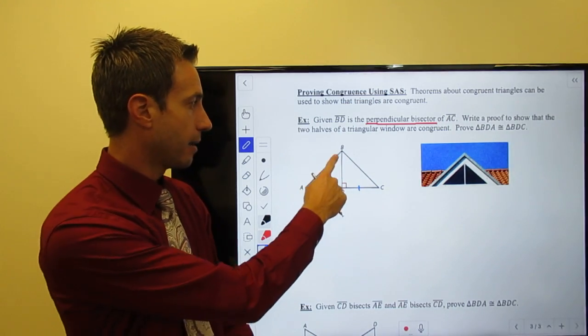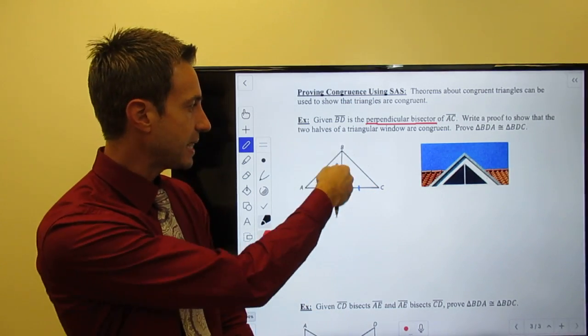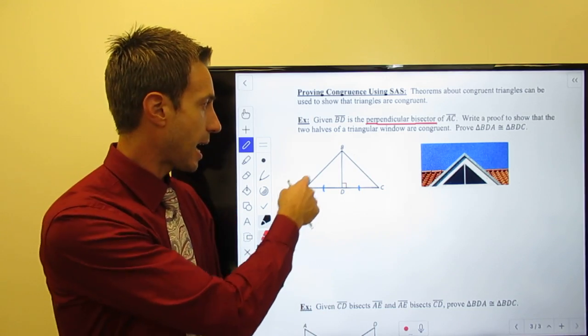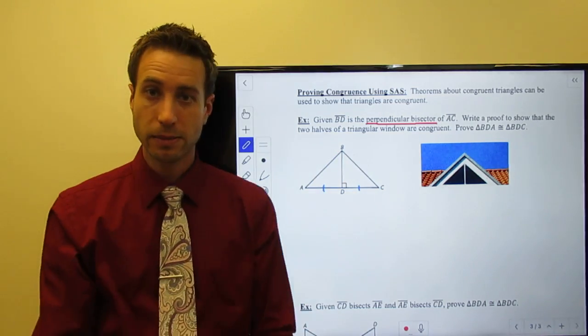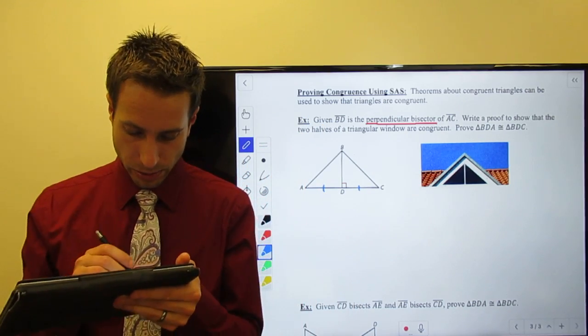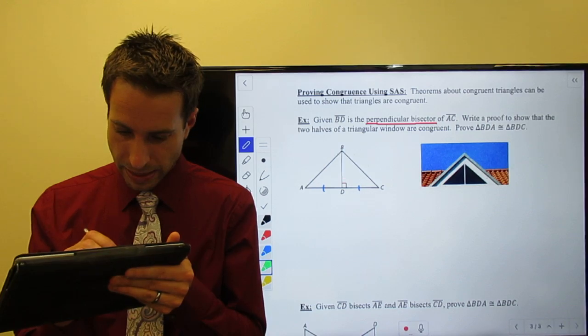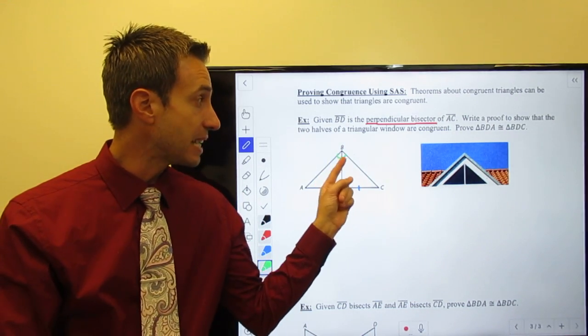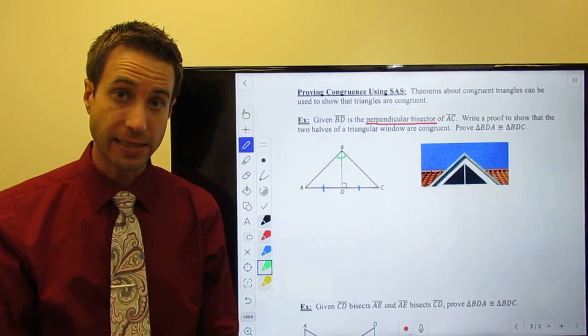This angle right here, ABC. If BD is a bisector, what does it do to ABC? It cuts it into 2 equal angles. So I know that this guy and this guy have to be equal measures because it's a bisector.